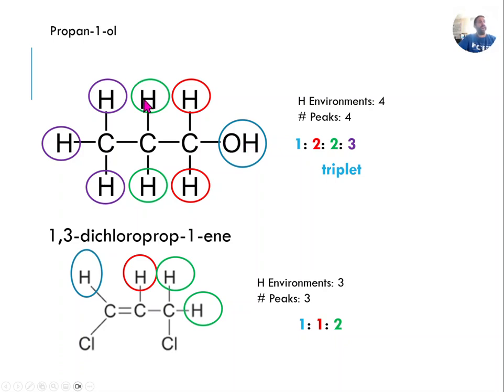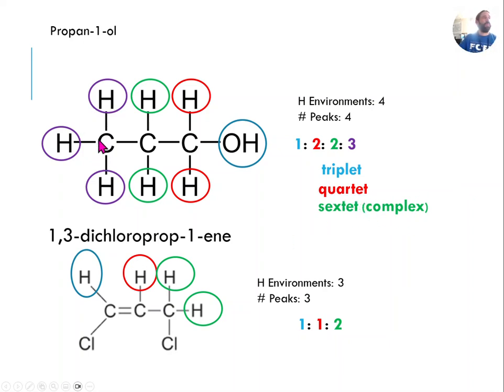One of them has 1 hydrogen and the other has 2, for 3 total hydrogens, so the peak in the spectrum for that red environment will be a quartet. If we look at the green environment, again, there are 2 adjacent atoms. On one atom, there's 2 hydrogens, and on the other, there's 3, for a grand total of 5, which means that the peak will be a sextet. Now, again, if it's greater than a quartet, you can just call it complex.